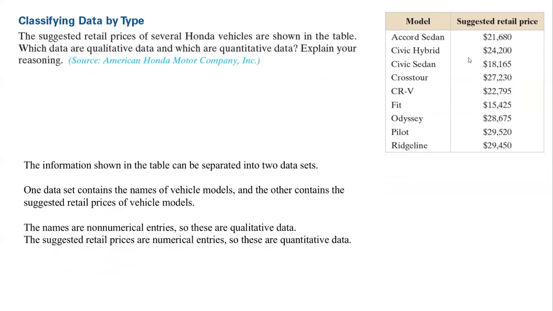You have model and suggested retail price. So the model is basically a categorical data set, but suggested retail price, as you can see, you can easily, for example, find the average. What is the average of the data here? And it makes sense.